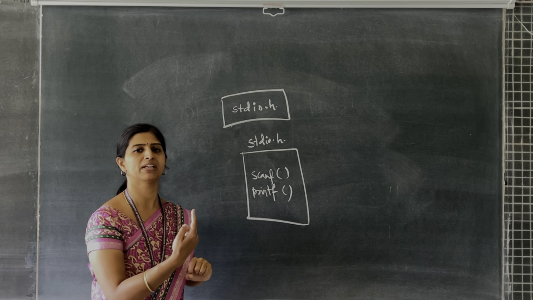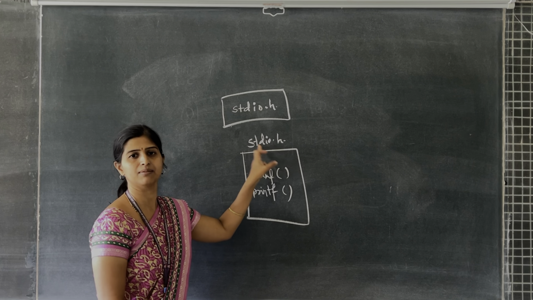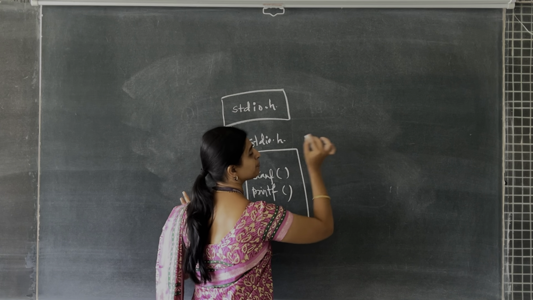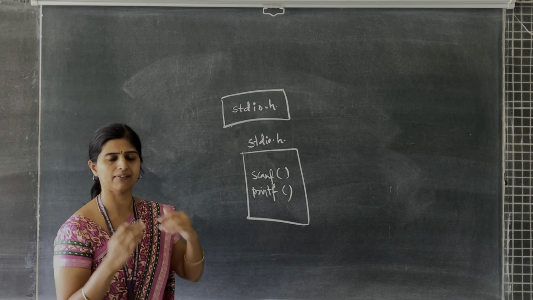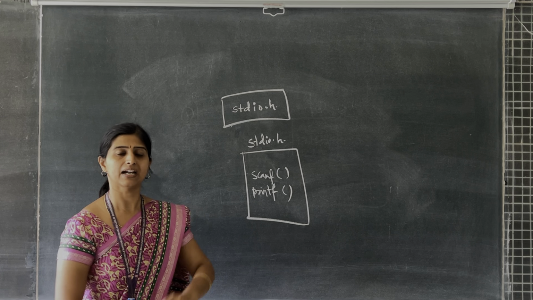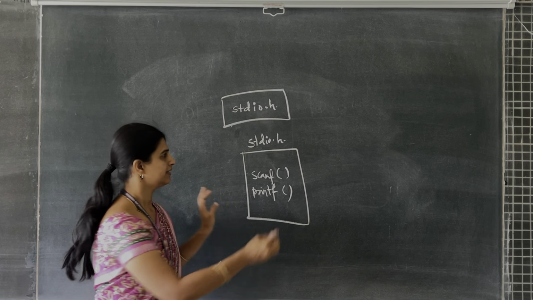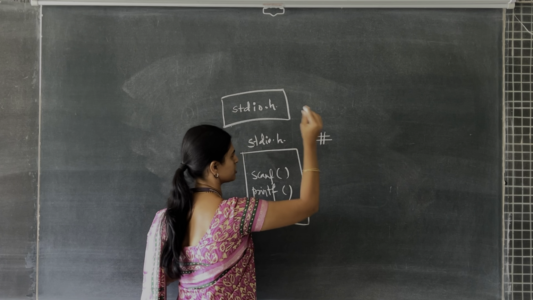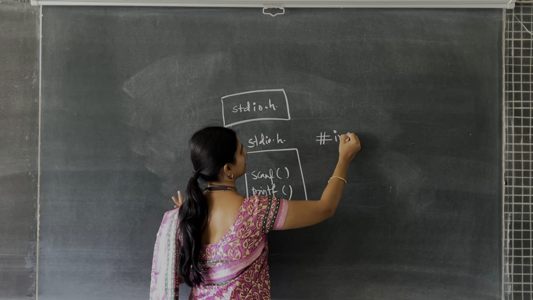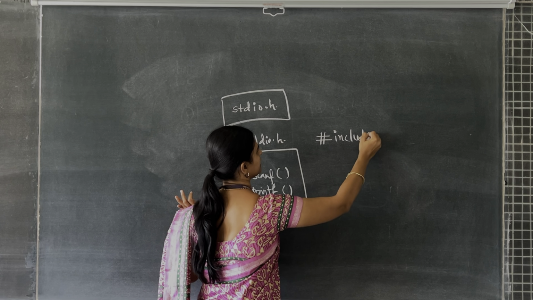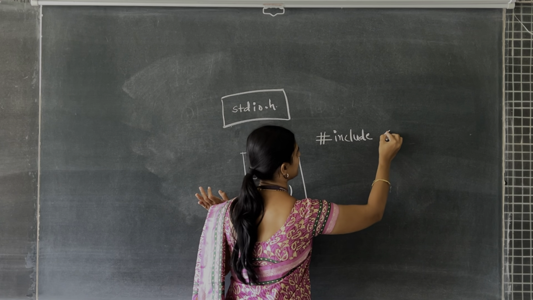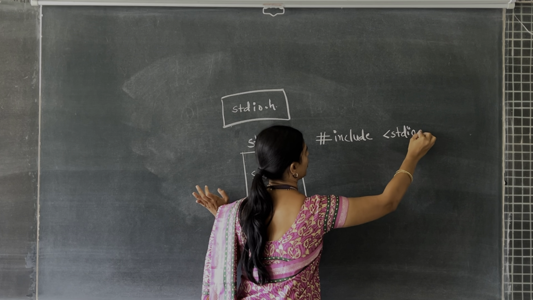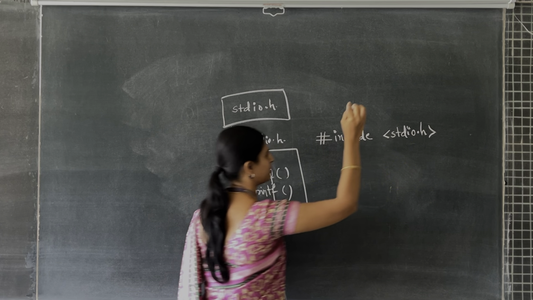And how should I add this stdio.h in my program? For that I make use of a preprocessor directive. I will tell you what a preprocessor directive is and how to write it. I make use of the preprocessor directive hash include, written in small case, then one space should be given, then angular bracket stdio.h, angular bracket complete.